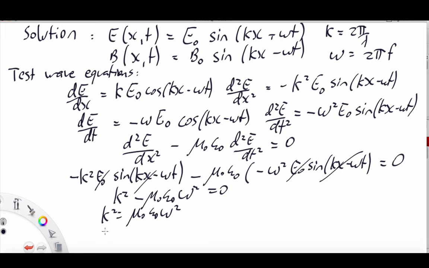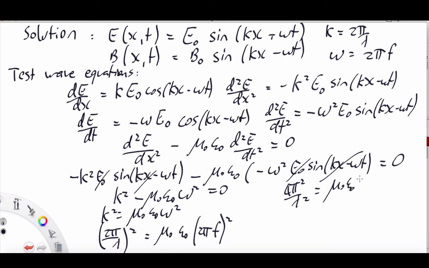So let's prove this. This means then (2π over λ) squared equals μ₀ε₀ (2πf) squared. So we have 4π² over λ² equals μ₀ε₀ 4π² f². Get rid of that.